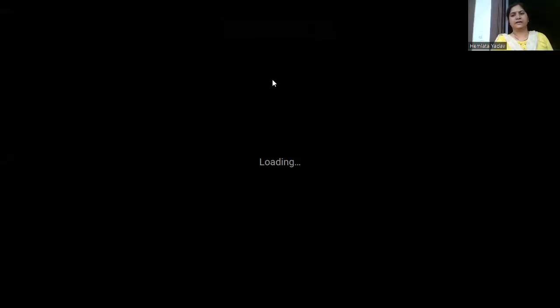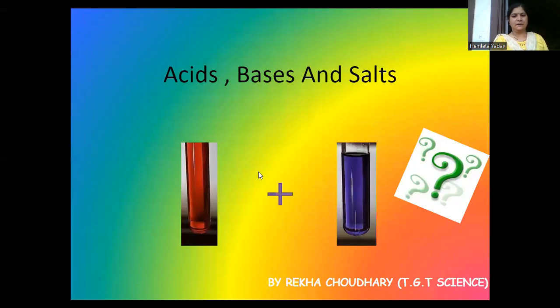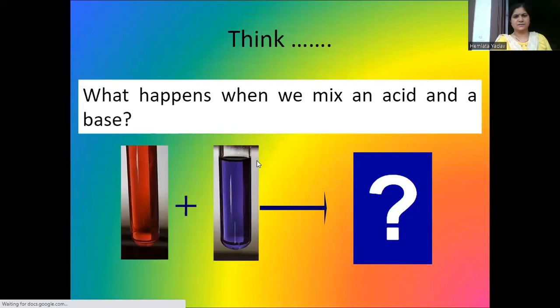So in the previous slide, we have understood that metal hydrogen carbonates produce salts and carbon dioxide. And now we will study about the further reactions.